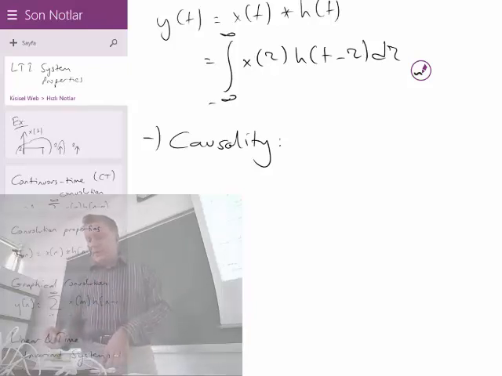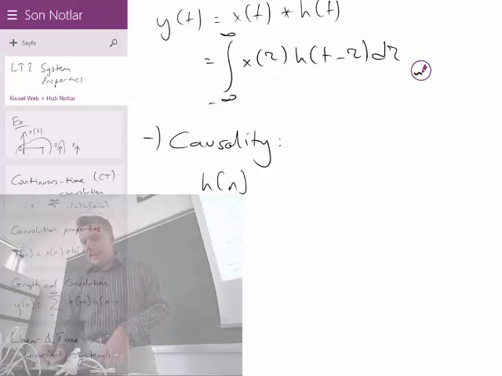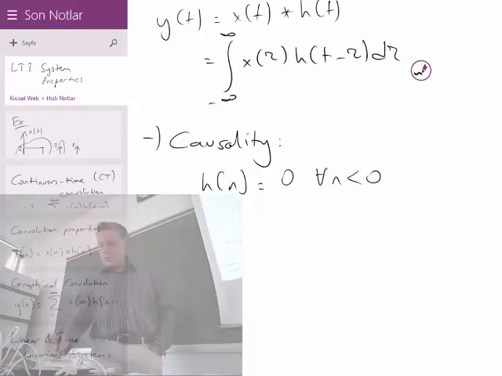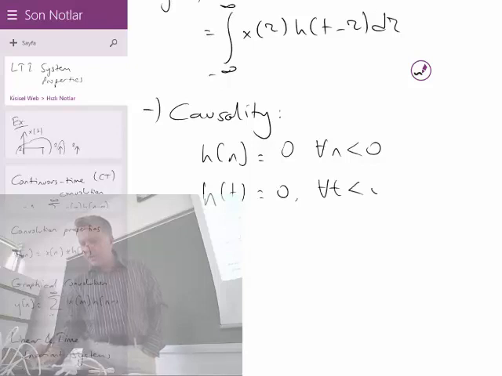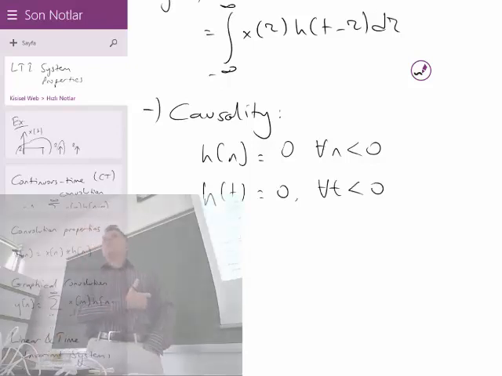For linear and time invariant systems, the causality condition is a little bit simpler. It must be something like this: h[n] is equal to 0 for all n less than 0, or h(t) is equal to 0 for all t less than 0. It means that the impulse response should start from 0 and extend to the positive times. That's it.